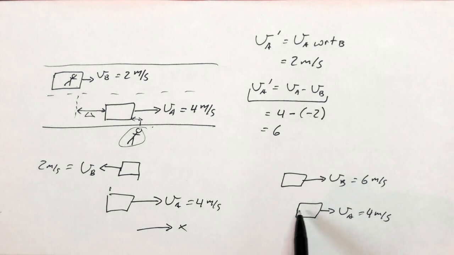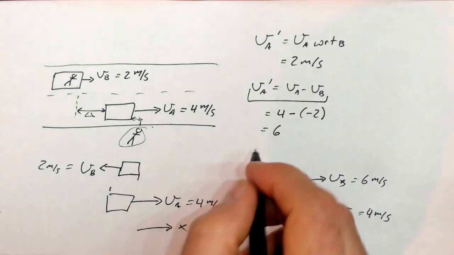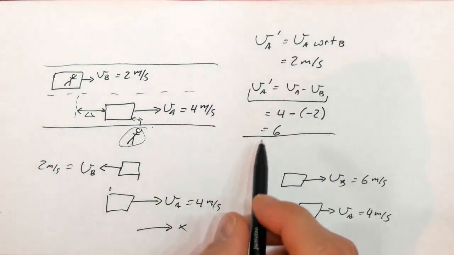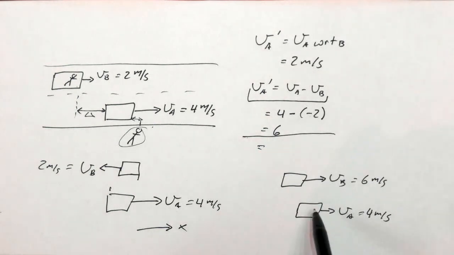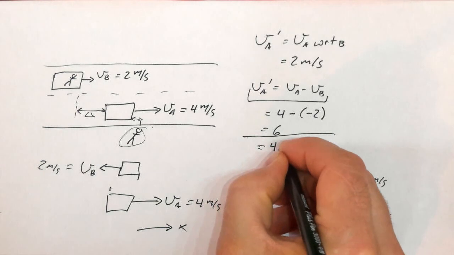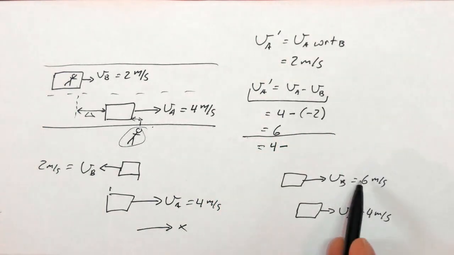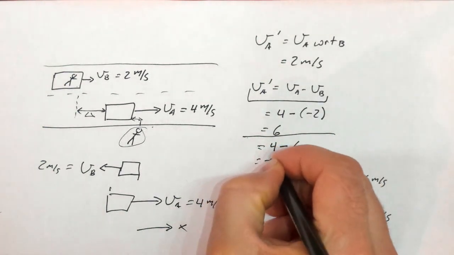So that means this looks like it's going backwards. If you're sticking your head out the window, you're going to drive by, but if you think you are at rest, then this car is going to look like it's driving backwards. The answer should be negative 2. So if that's the case, then for this case down here, we're going to get VA is 4 minus VB is positive 6, and we get a negative 2.